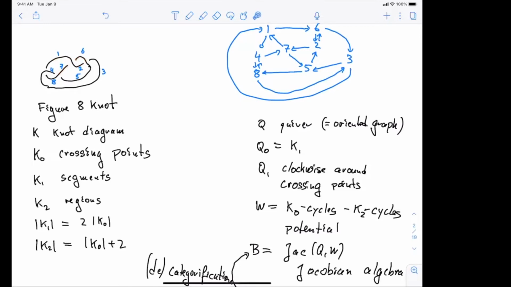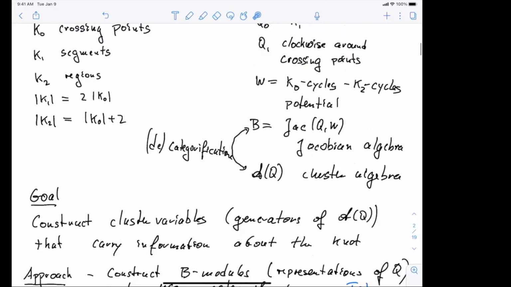This information is of course crucial for the knot. If I move the overcrossing into an undercrossing, then maybe the knot becomes trivial completely, but the quiver would be the same. So the quiver doesn't see this difference. We'll see later how we still can distinguish this difference.